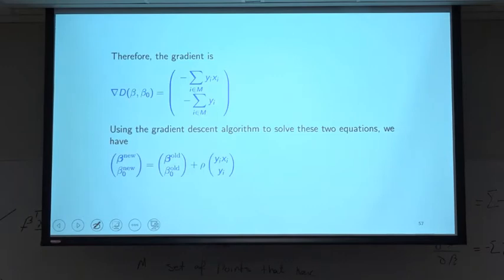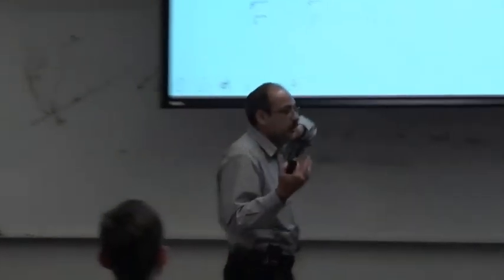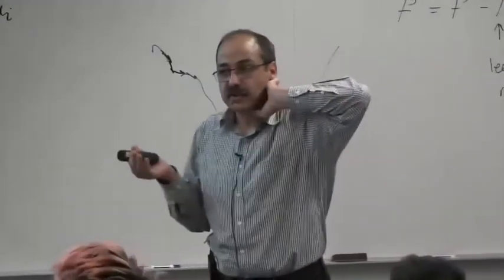For this case, since the derivative with respect to beta is this quantity, and the derivative with respect to beta null is this quantity, your algorithm has this form. You update your beta and beta null until it converges. That's the traditional way of doing perceptron. You can change this cost function to another cost function, and then it's going to be identical to logistic regression, for example.